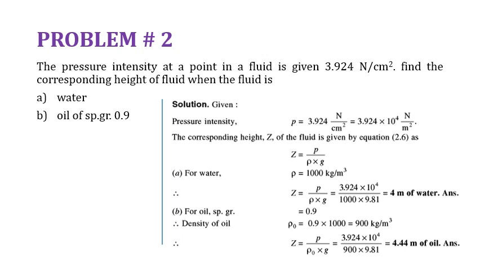So in case we have water, we will have 4 meters of water, and for oil having density 900, this head would be increased to 4.44 meters of oil.